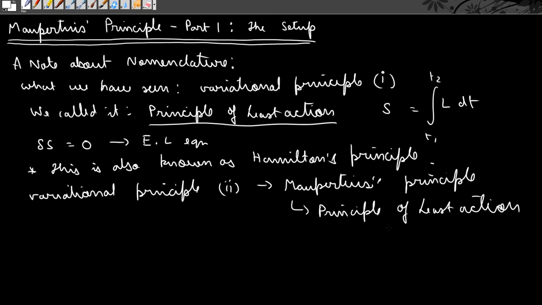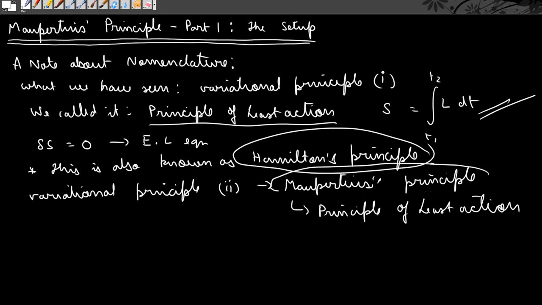So to avoid confusion, from now on, when I refer to what we have already seen, I am going to call this Hamilton's principle, and what we are going to see in this and upcoming videos, I am going to call Maupertuis principle, just to avoid confusion with respect to all the different literatures out there.